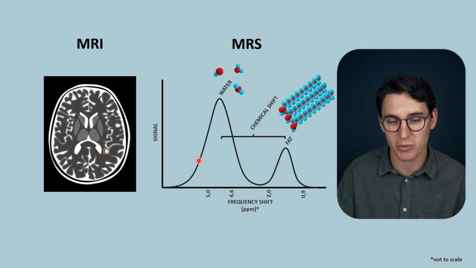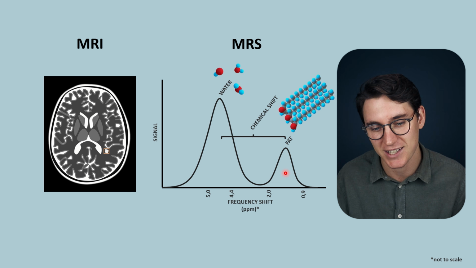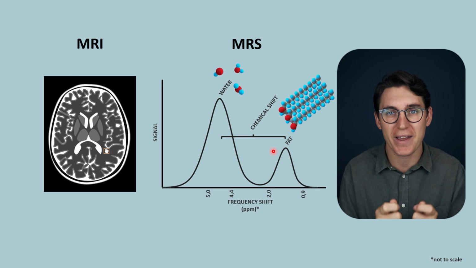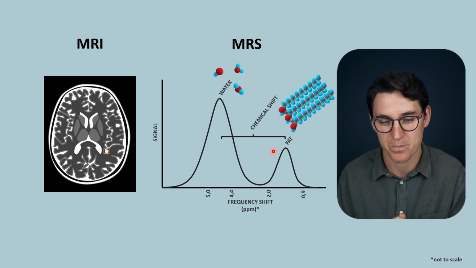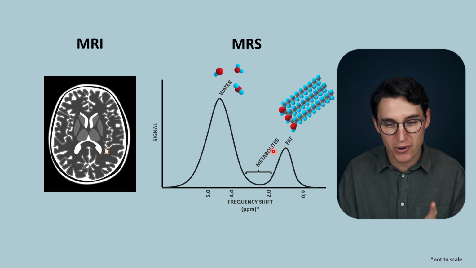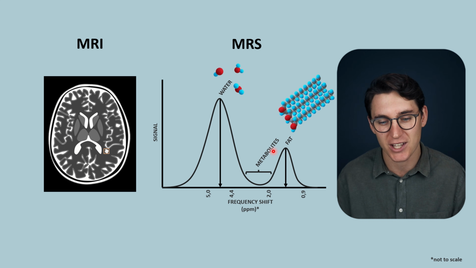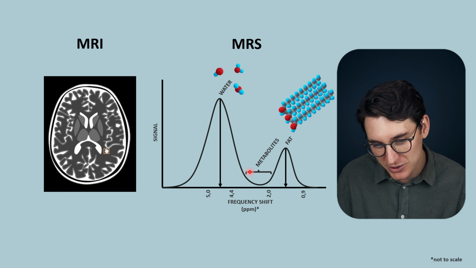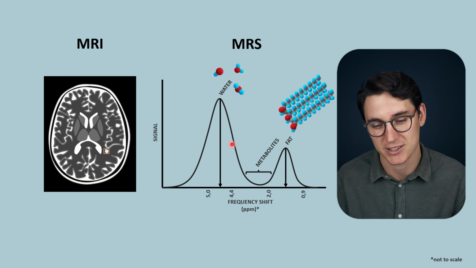The problem when we are generating a spectrum like this is that water and fat have over 10,000 times the signal of any other metabolite that we're interested in. And if we have a way of suppressing the signal coming from water and fat, we can actually then look at the metabolites, especially those that have a frequency shift between water and fat.